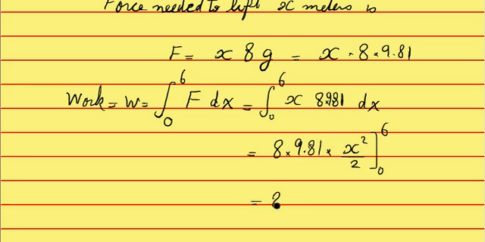So this is 8 times 9.81 times, here I plug 6 squared over 2, and when you plug 0 you just get 0. So that's the work we are doing. The unit of this, once you've calculated this number, the whole thing is expressed in joules. That's the amount of work you have done.